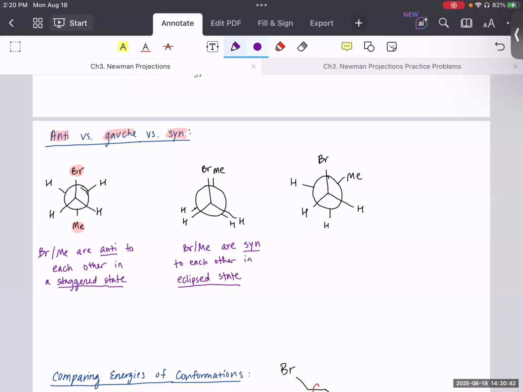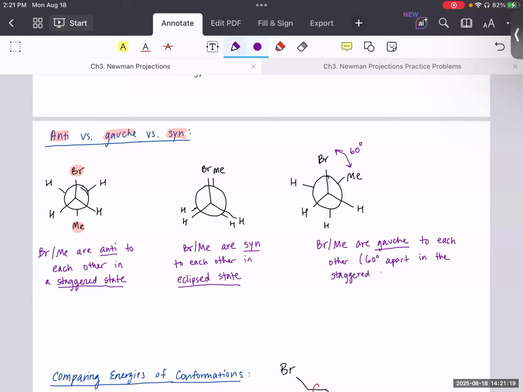All right, the last term that we can use is gauche. Gauche is when we have a 60 degree difference between two groups. It's used to describe the staggered state also, but when they're not directly opposite each other, when they're 60 degrees apart.